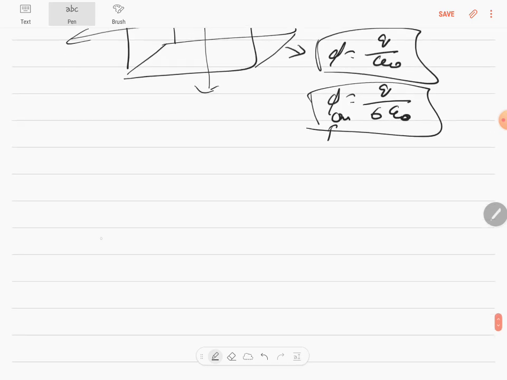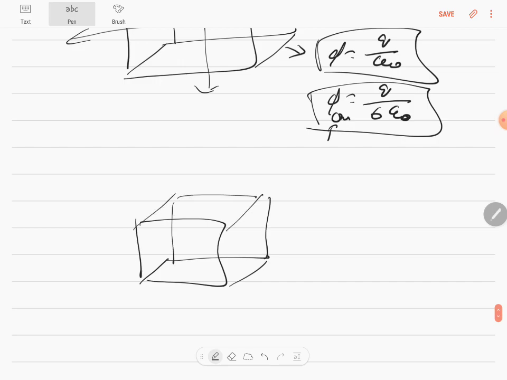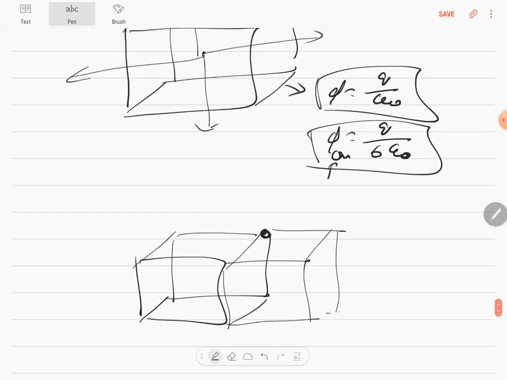The other question would be, supposing there is a cube and the charge is placed at a vertex, at this vertex. Then imagine another cube placed adjacent to it. You have to draw another cube like this, then another cube behind it, and on the top also another cube.